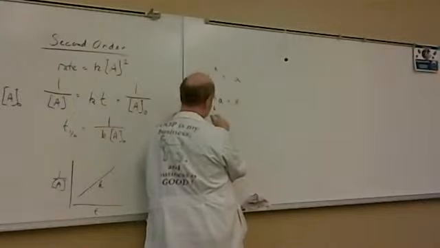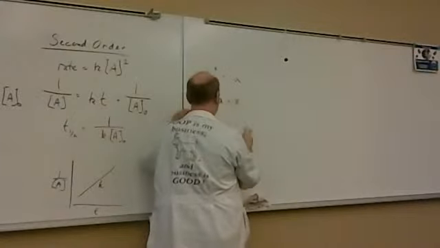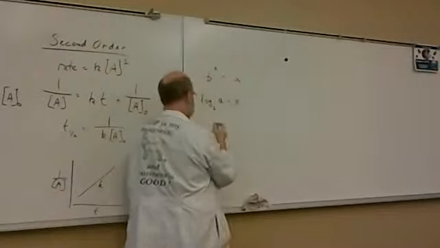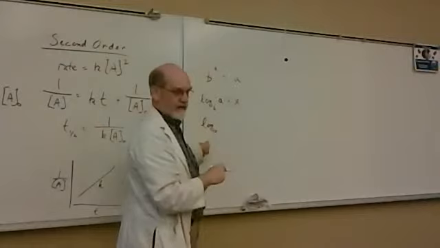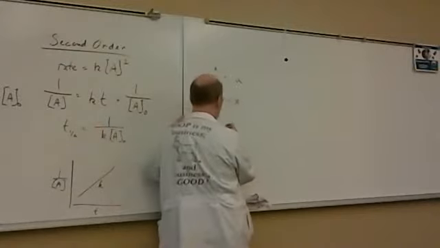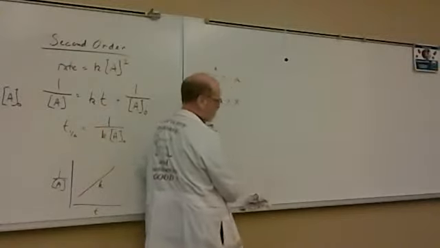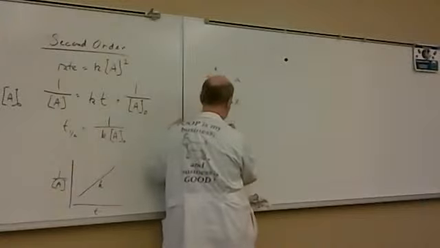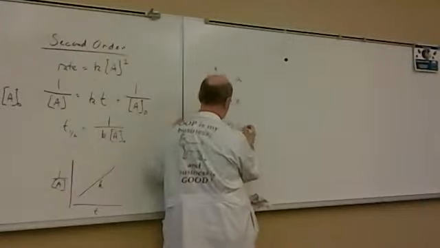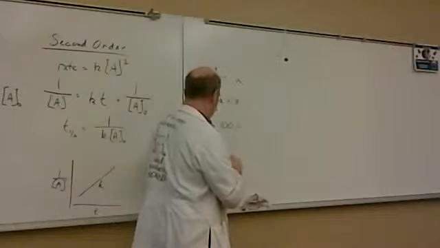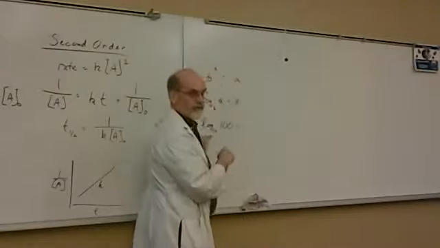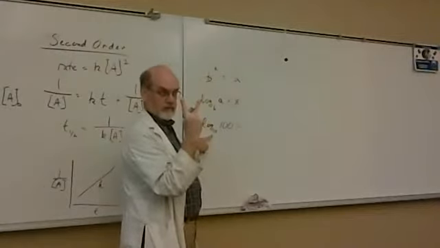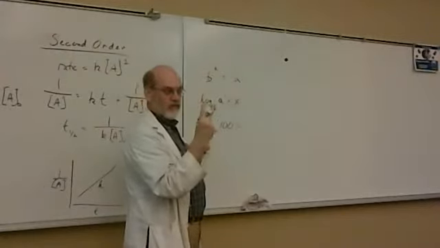So that just means, if you have the log of A, let's keep it simple with an example. The common log is base 10, right? So if we have 100, what power of 10 will give you 100? 10 to the what power?